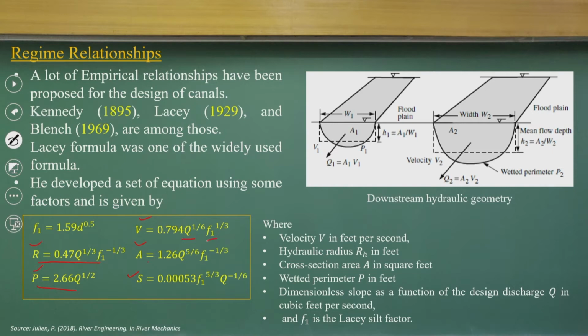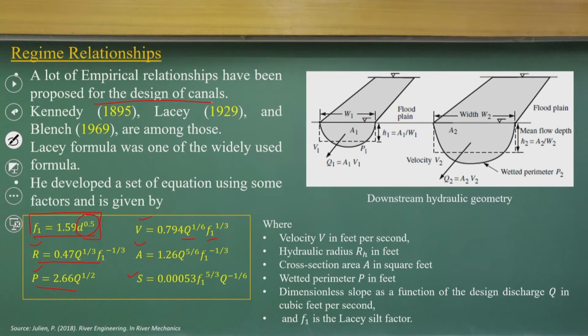The silt factor is a function of particle size, the D50 value, a function of particle size distribution. So, this is the silt factor. And these were all derived from a series of experimental data from the canals in the Indian subcontinent, undivided Indian subcontinent.